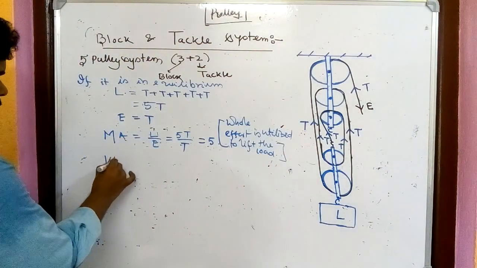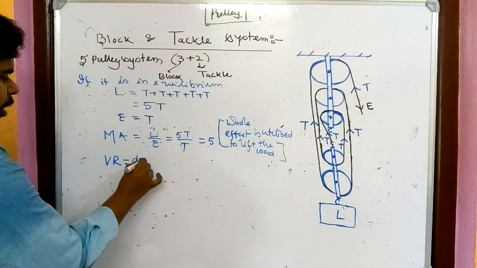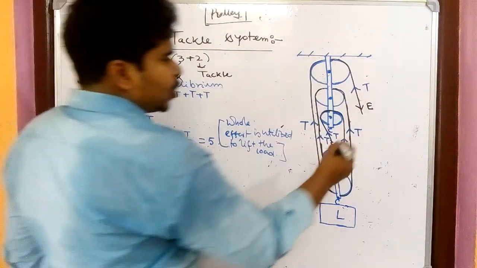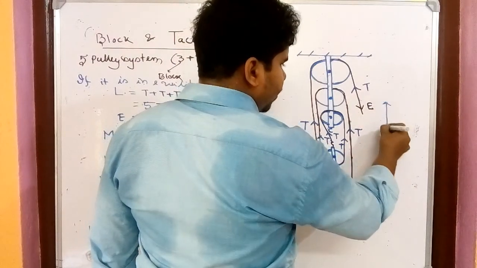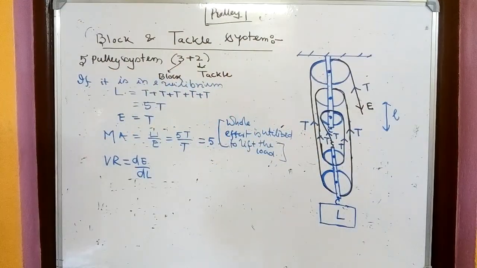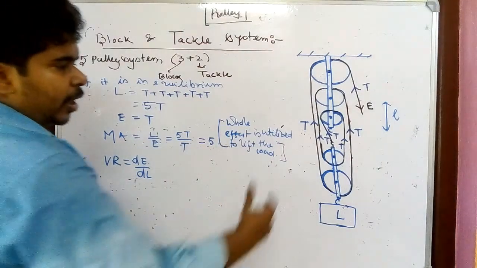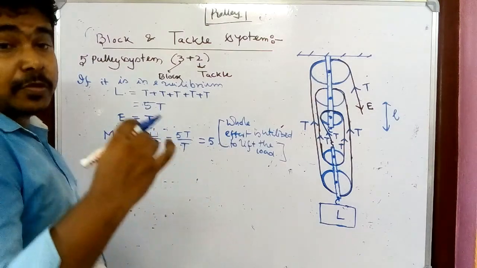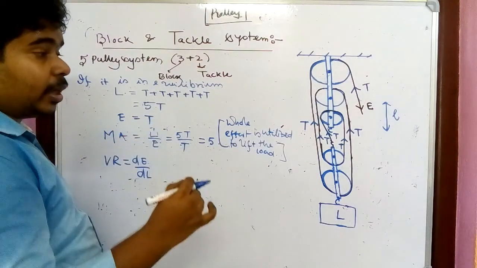Talking about velocity ratio, that is dE by dL, simple thing. If the displacement due to effort is L, that is distributed among 5 strands of string.